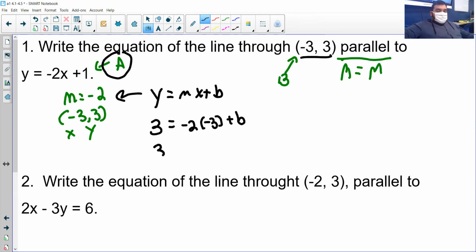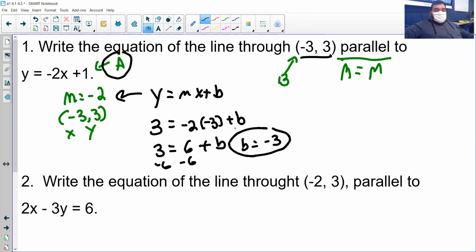So 3 equals 6 plus B. Stop asking about the 1. It's the old line. Okay, subtract 6, subtract 6. I end up getting B equals -3.